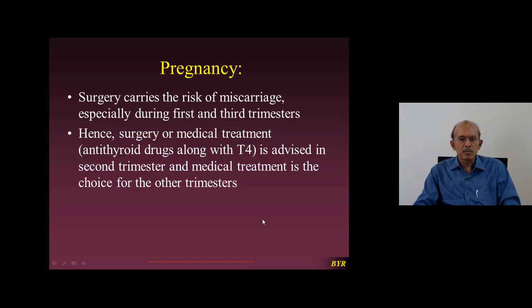Second trimester, medical treatment, or if the goiter is very large or toxicosis is very severe, then you can go for surgery. But whenever you do surgery, you must always warn the patient of the risk of miscarriage. Third trimester, again medical treatment.